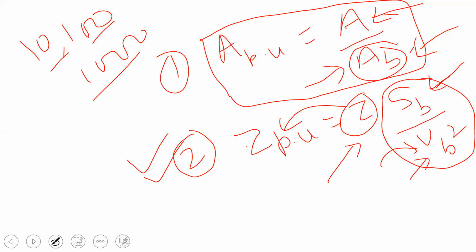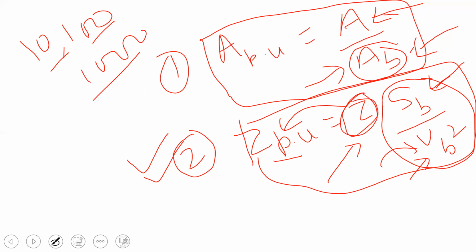So this formula is very important for today's discussion. You must remember this formula. Z per unit is the actual value of Z into SB, where SB is the volt ampere rating of the machine, and VB is the voltage rating of the machine.